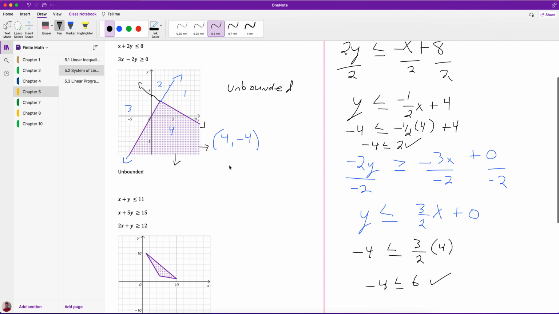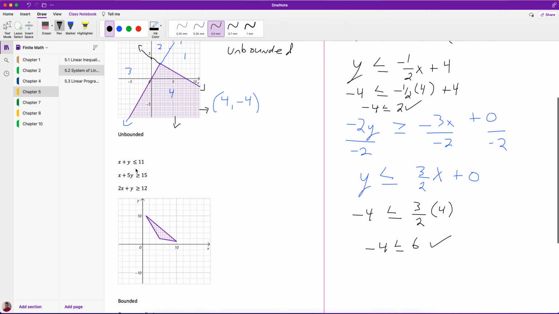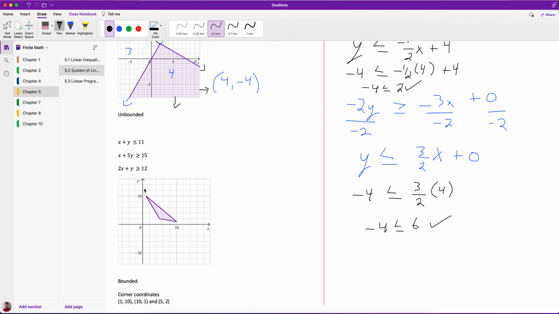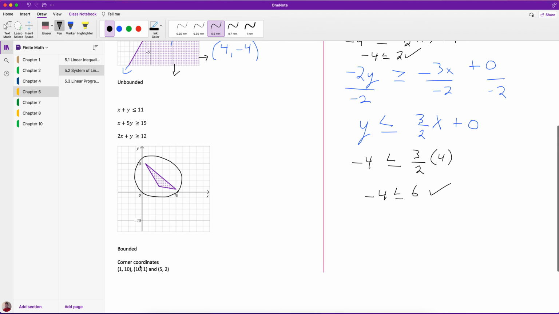Our next example, I use 3 equations, and again, you graph them, which I've just shown before, so you can keep graphing them. This one has the solution, but it is bounded because I can draw a circle around it. So if you graph all 3 of those lines, and then you figure out what point works, it would do it. And then because it is bounded, I can find the corners.